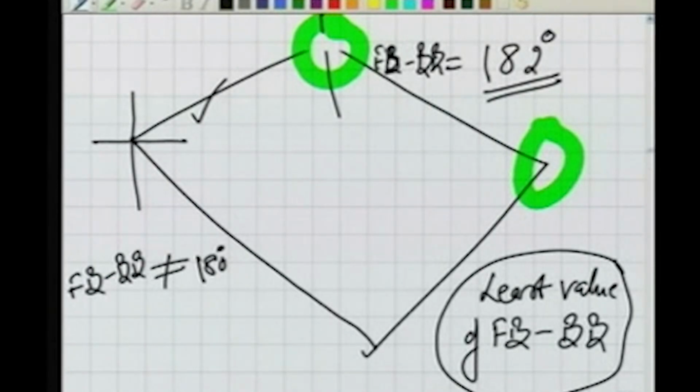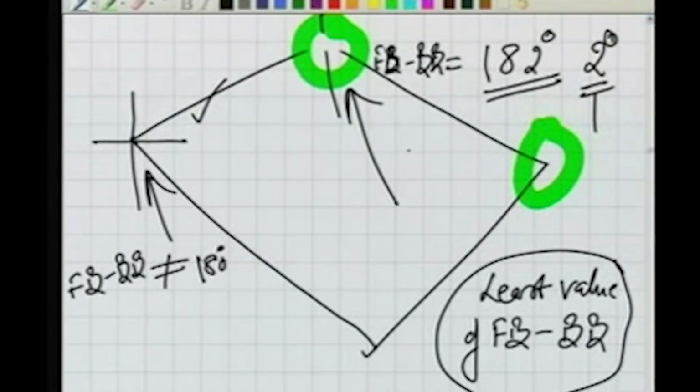So what we do, we equally apply the correction. For example, the discrepancy here is 2 degrees. So we equally apply this correction to both the stations. That means we apply a correction of 1 degree here and 1 degree here. So if we apply the correction of 1 degree here and 1 degree here, what will happen?